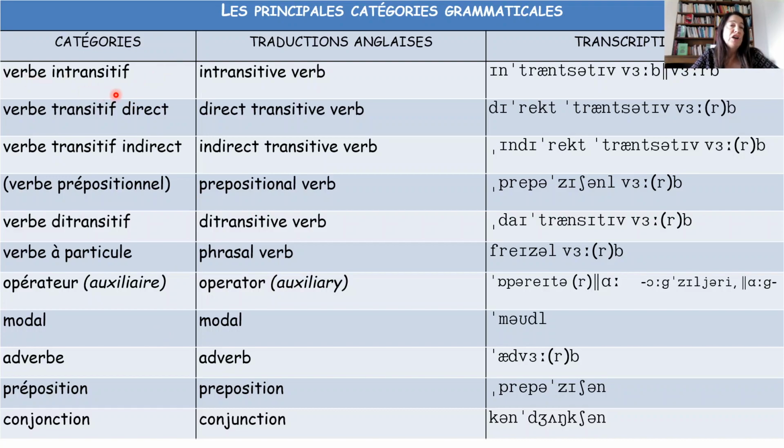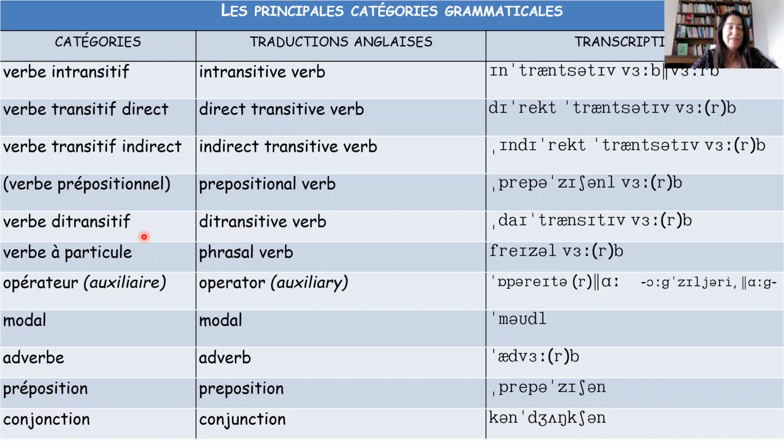Some of them do not enable any transition towards an object, and they are called intransitive. Others can have an object, whether directly or indirectly, and some verbs can even have two objects, and in that case, they're called ditransitive verbs.